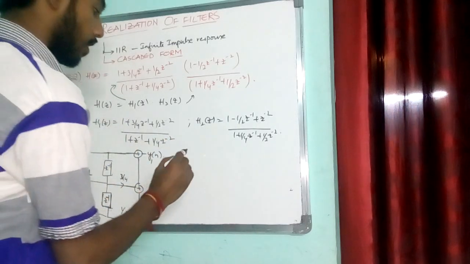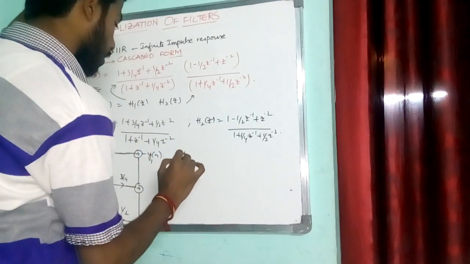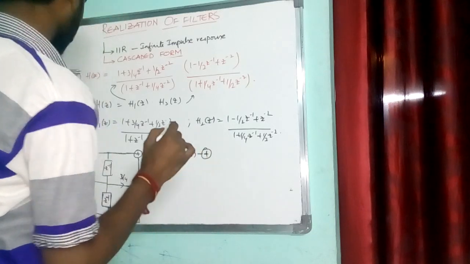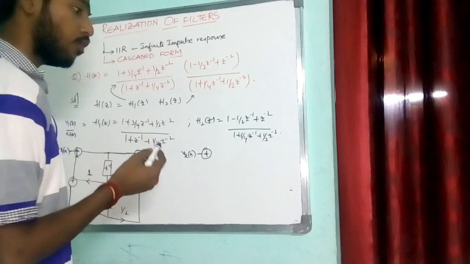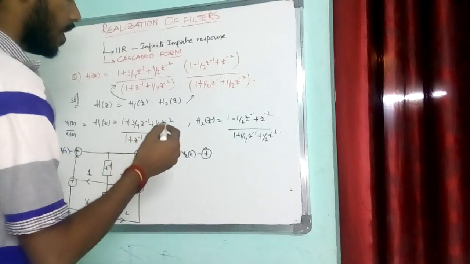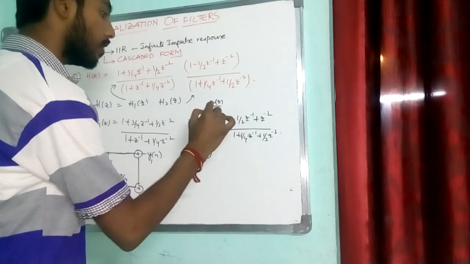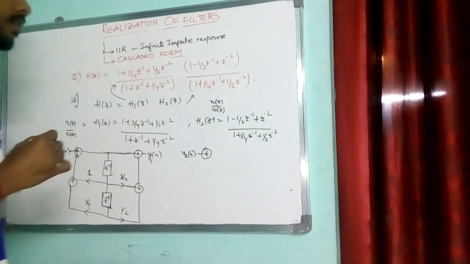Similarly, here this will be x2 of n, adder, and I can consider this to be y2 of z by x2 of z.